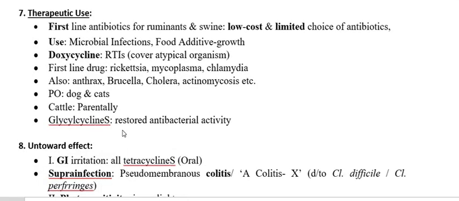Now we have to go through the therapeutic use of the tetracycline. As I said earlier, this is a broad spectrum antibiotic, so this is a very usable group of drugs. Not only that, this is the first line of antibiotic for ruminants and swine, because the cost of this group is low, and we have very few antibiotic groups possessing the broad spectrum property.